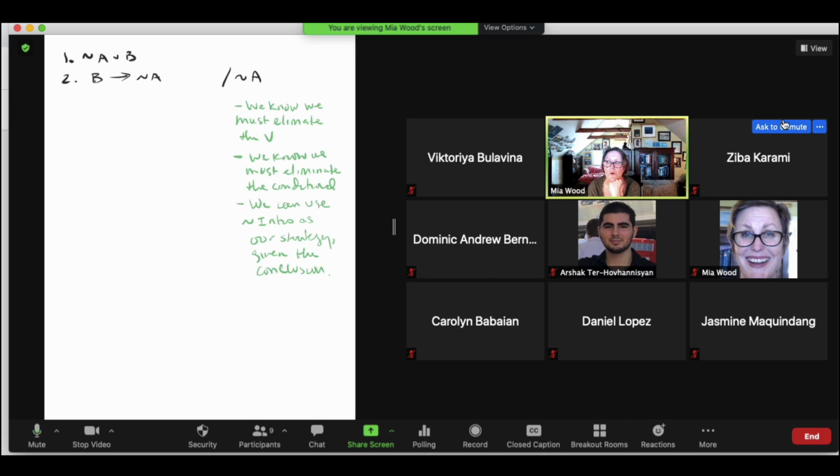Okay, so let's try to work it both ways. What I mean by that is this. We have two strategic options. One strategic option is disjunction elimination, where the conclusion is our goal. The other strategic option is negation intro, where the conclusion is our goal. Well, we just worked negation intro.